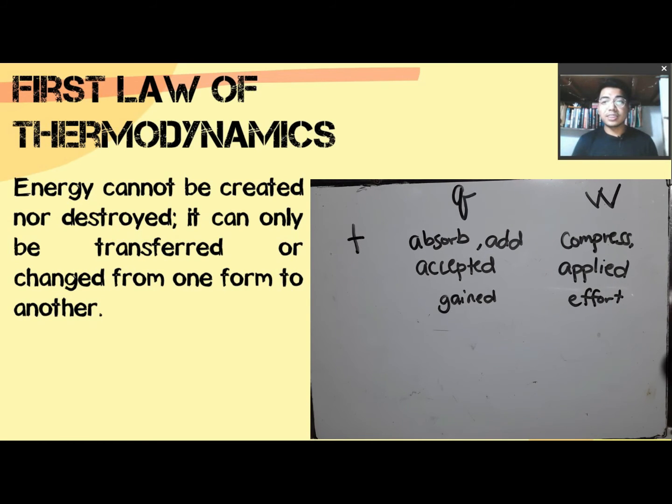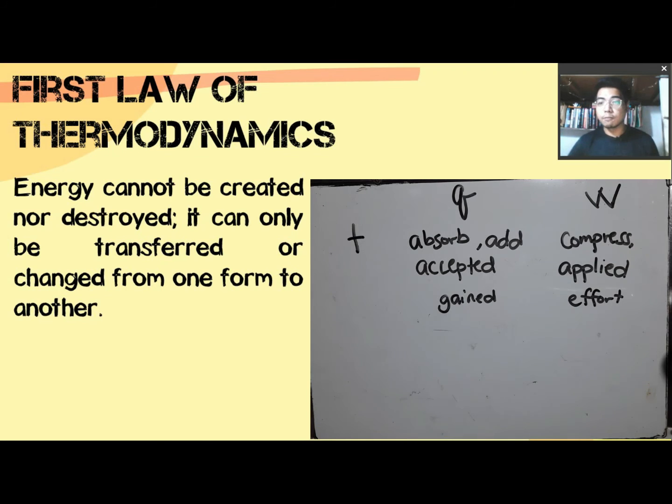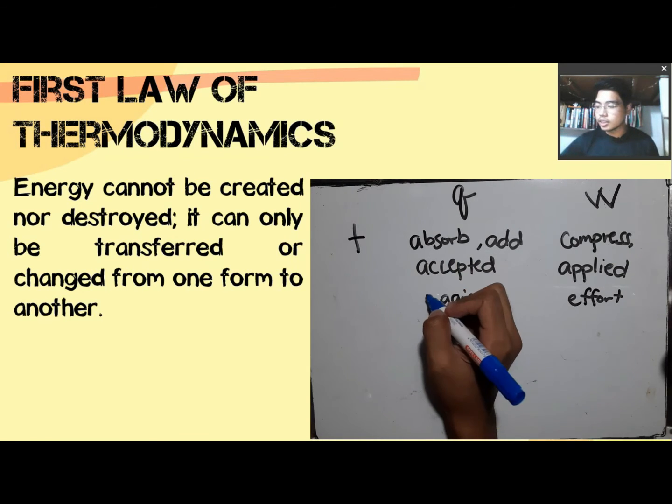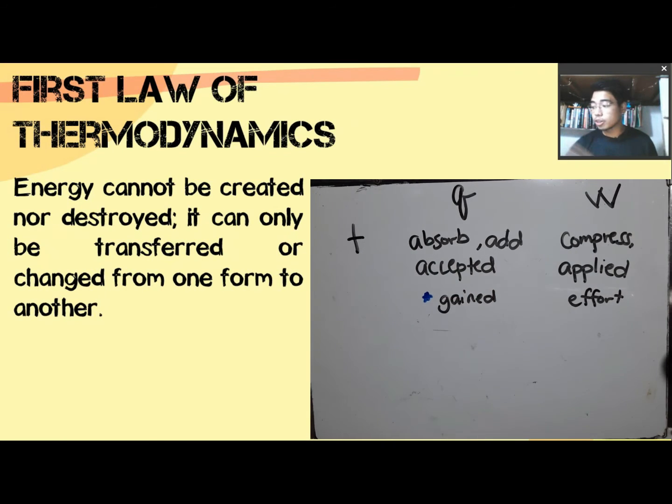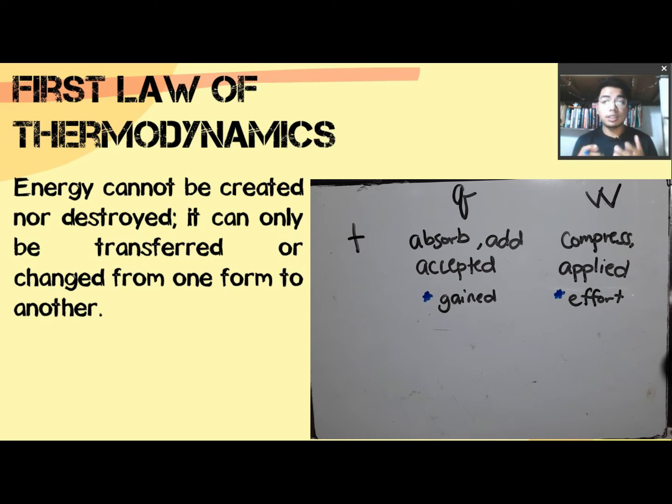Okay? You can see here the clues for the values of the integers for both heat and work. For it to be positive, heat should be gained and work should be done, or effort is done.